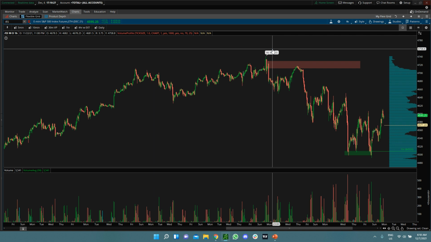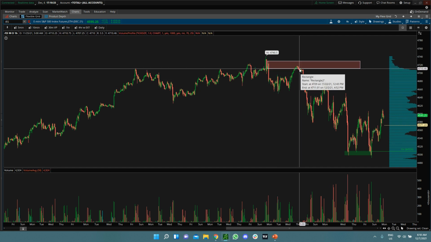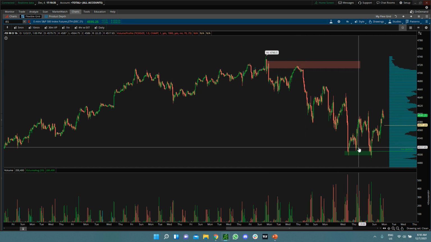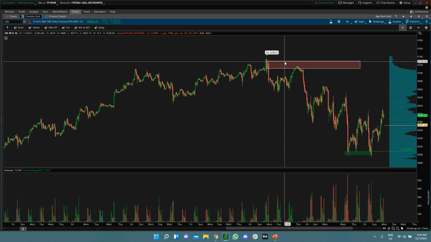And obviously, they're not able to get all their orders filled. So you see again, once price came up, it tapped the zone before having a huge sell-off. Of course, probably because of COVID news or whatsoever. But even if there was no COVID news or whatsoever, I believe this zone would be very well respected.